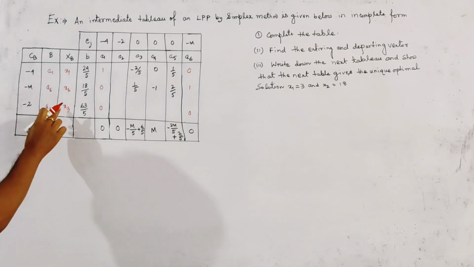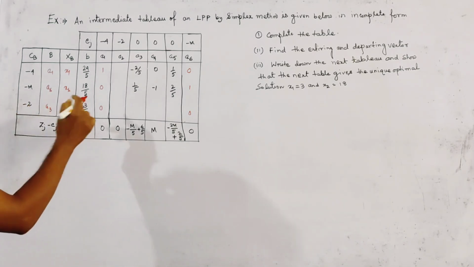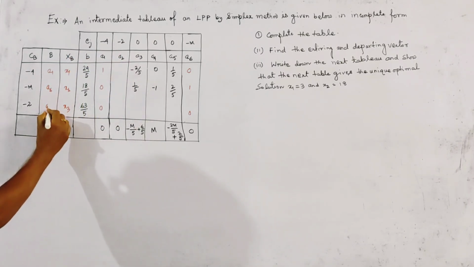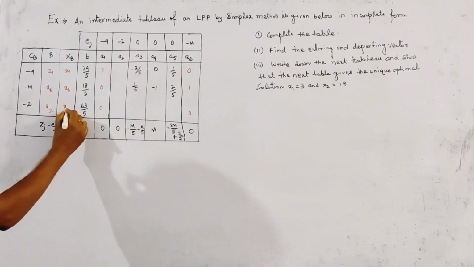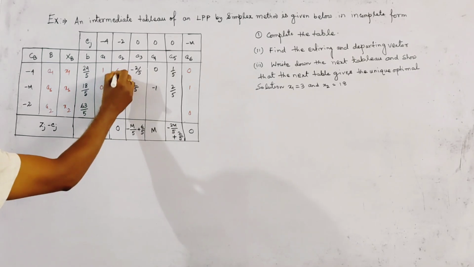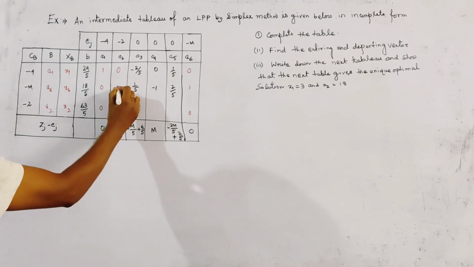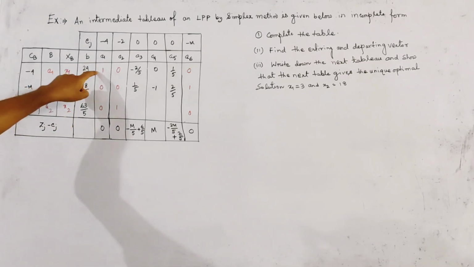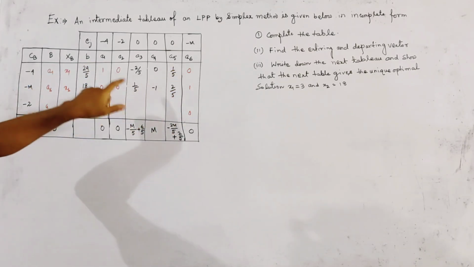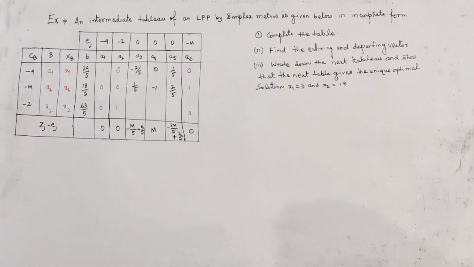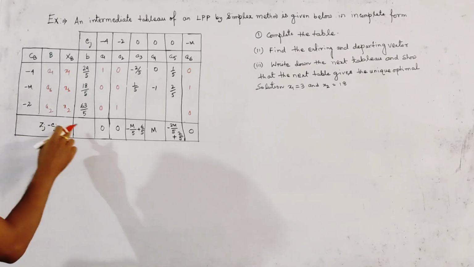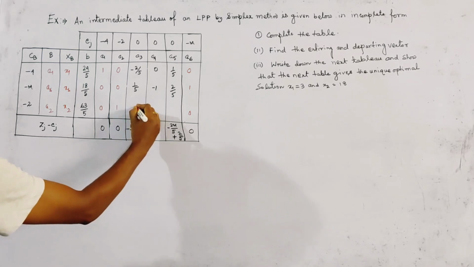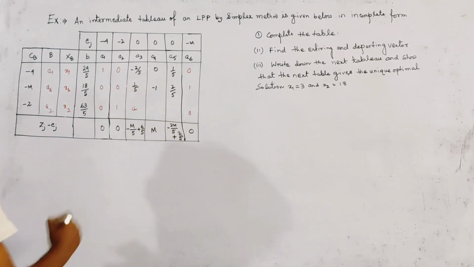And A2 is in the third basis, so this is x2, and it is given by 0 0 1. So we get the initial basis matrix 1 0 0, 0 1 0 and 0 0 1.